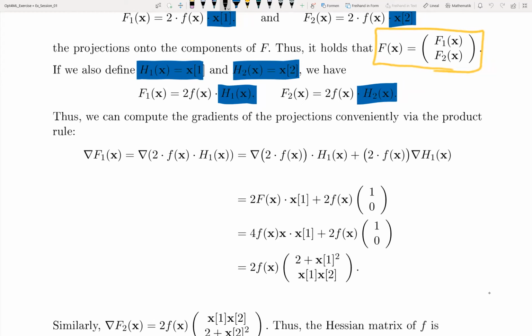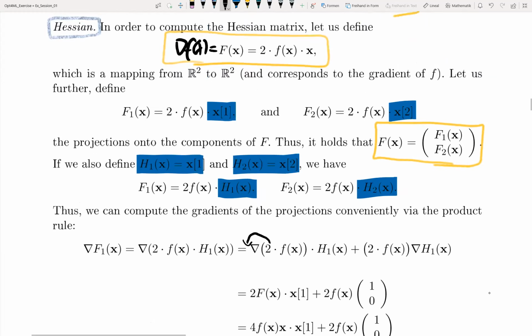All right. Then we can take use of the fact that constants can be written in front of the gradient. So the two can be written in front. And well, what remains is the gradient of f of x, but the gradient of f of x, this is the capitalized f.